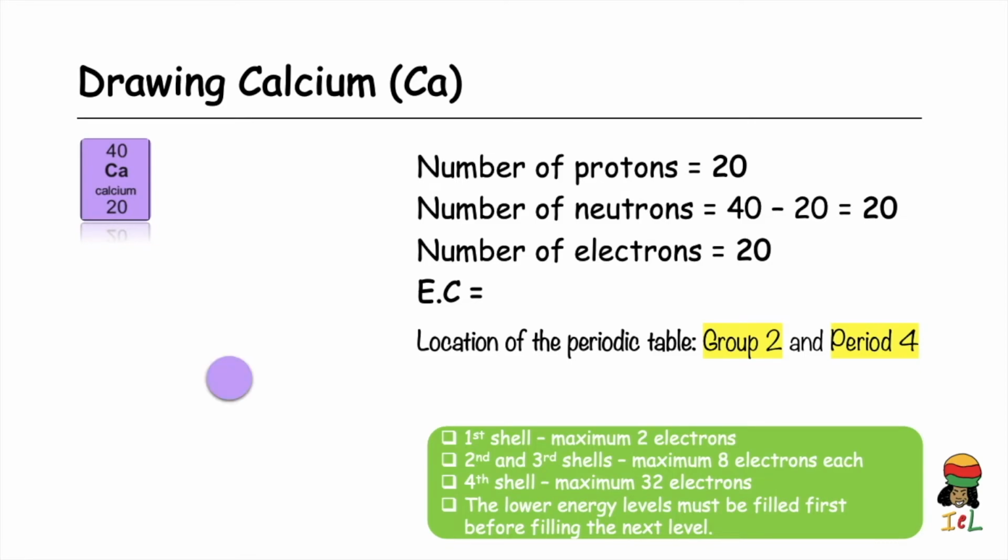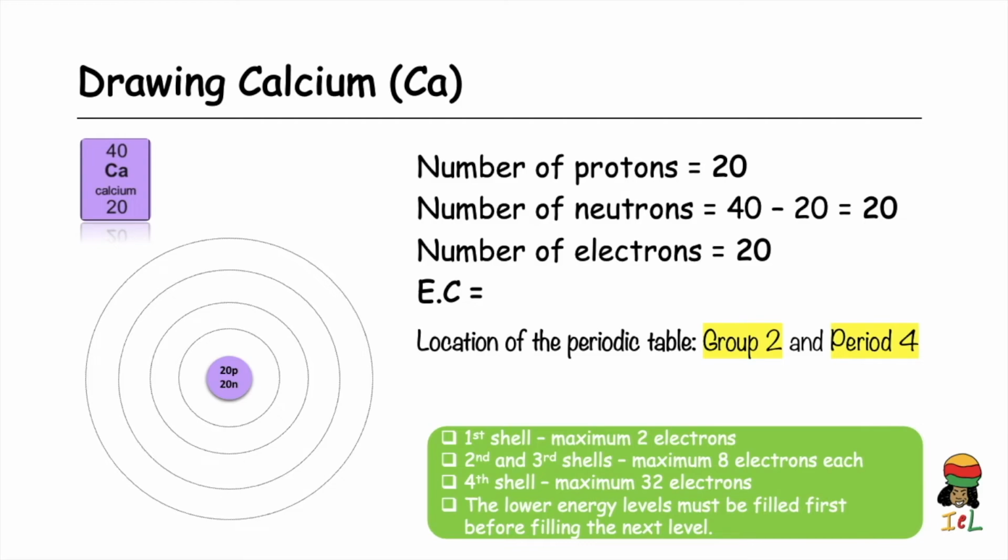As usual, we will start with drawing the small circle for the nucleus and filling in the number of protons and neutrons, 20 protons and 20 neutrons. Since calcium is located in period 4, it has 4 shells. So we will draw 4 concentric circles of progressively larger diameter around the nucleus. 1, 2, 3, 4 shells.